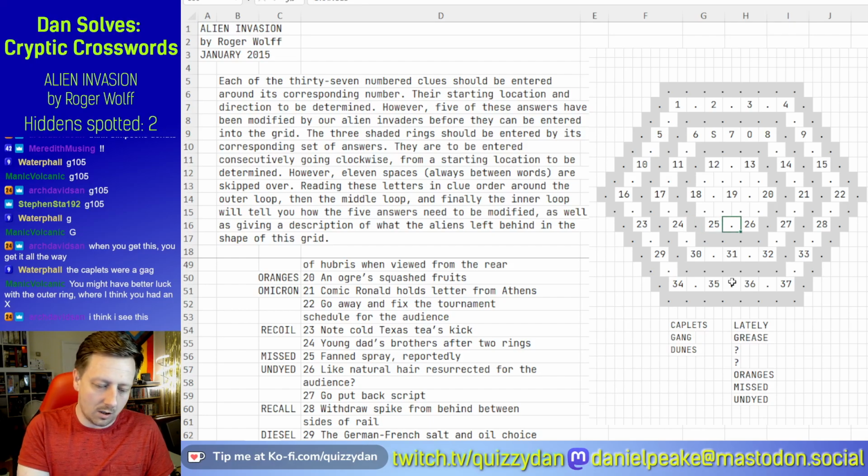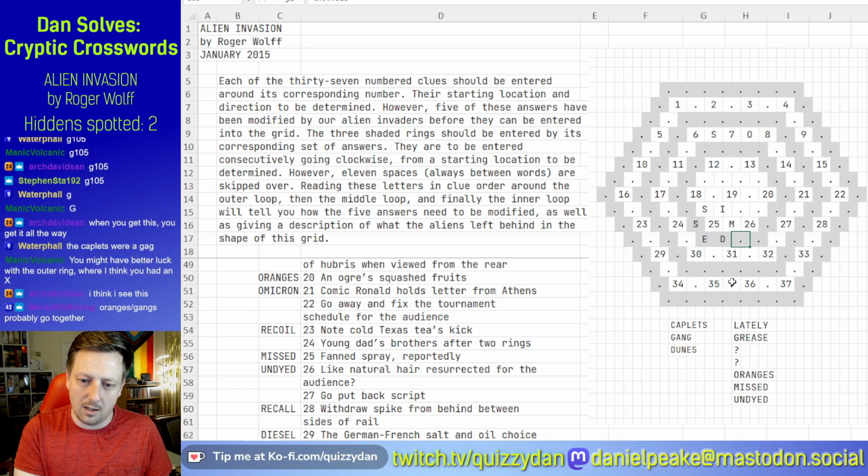That could work. Dunes? No. No, because an M can't go here for 20 years. It can. No, 26 is undyed. Oh, hang on. So this is either a D or an E. Let's put a D here then to start off with.